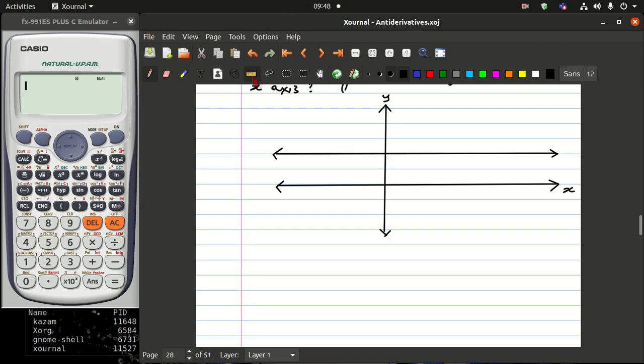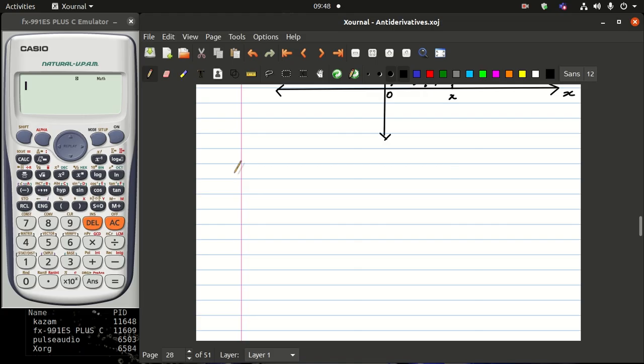This function of ours is y is equal to 5. In other words, this point is 5, and here we have 0, and somewhere there we have some point x. So we have a rectangle somewhere there, and this is the region they are talking about. That is part A. What is the area of the shaded rectangle?